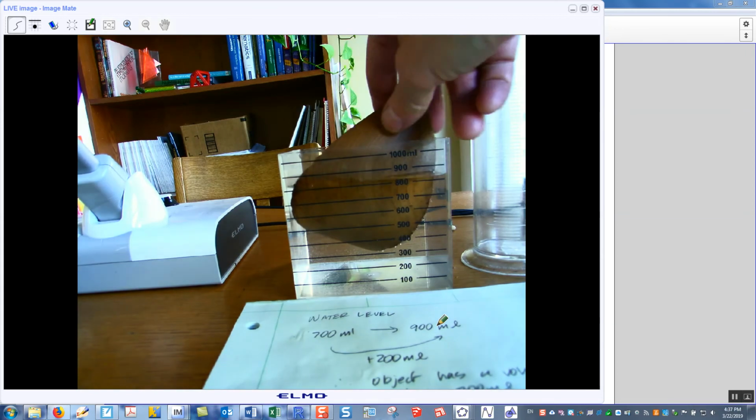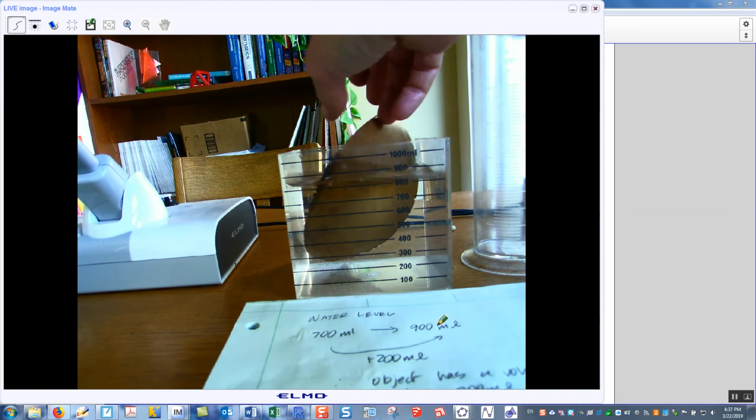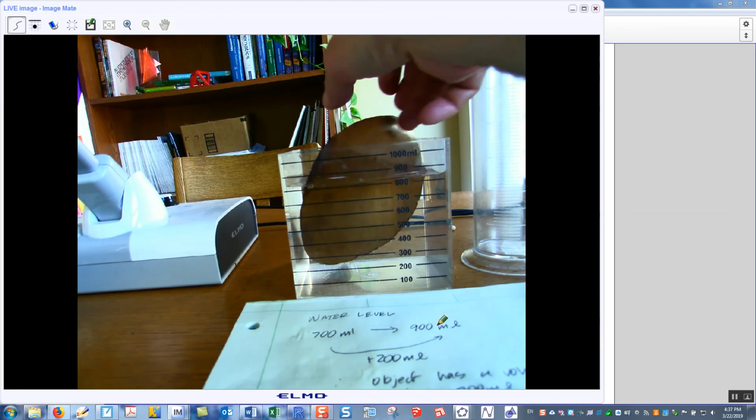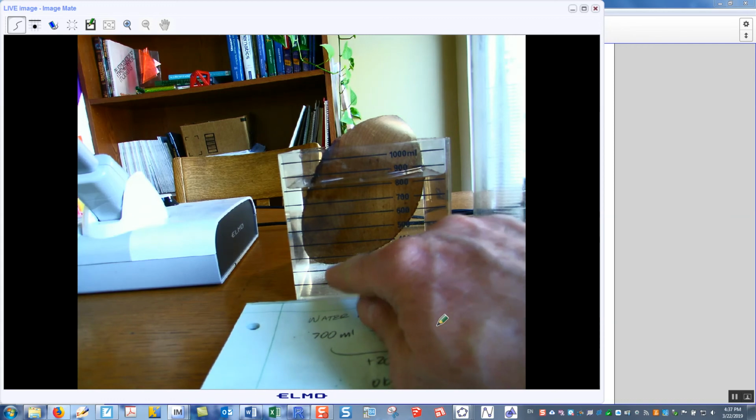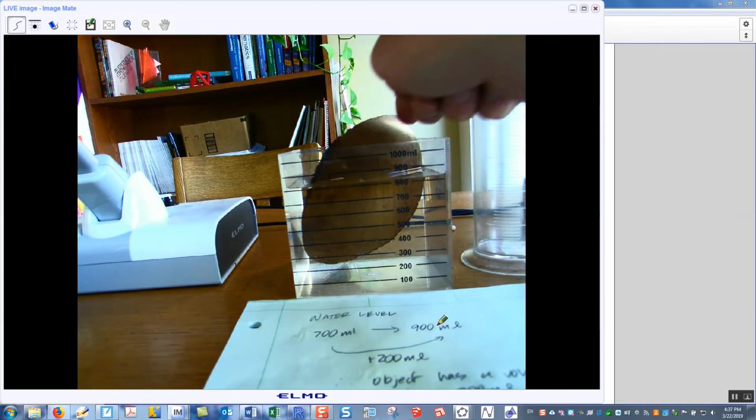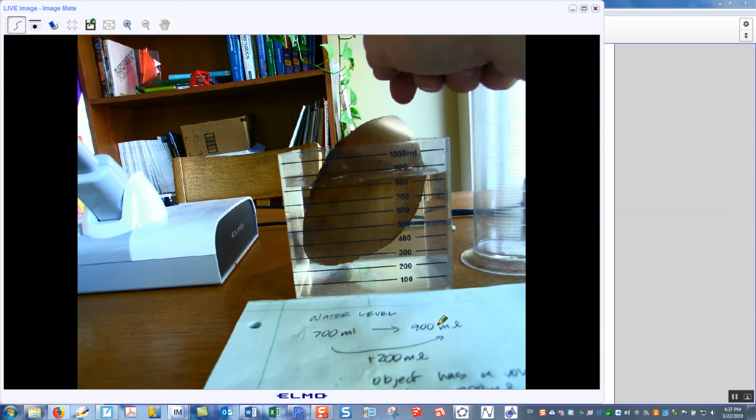And indeed it does float. And when it floats, I can tell it's floating because I can see down at the bottom it's not sitting on the bottom of the container. So it's just barely floating there. And I can see that the water level's gone up from just under 700 to, oh, I don't know, what do you think? We're sort of in the 830-ish range, 825. I don't know.